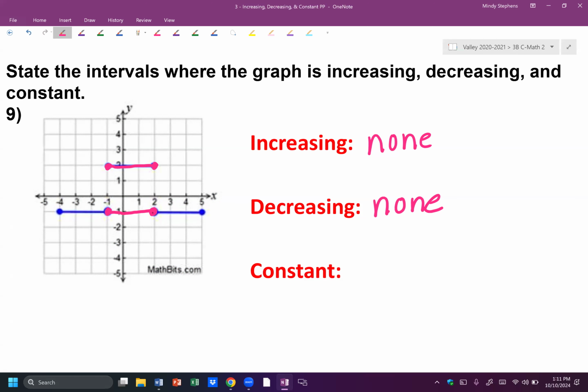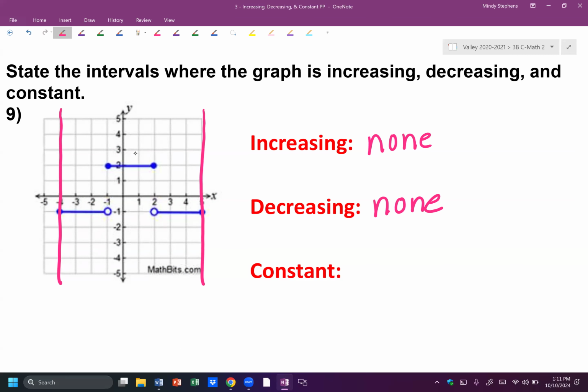So if that's the case, it starts being constant here and it stops being constant here because there are no gaps in it. Now, if this top line was not there at all, then I would have to have 2 parts to my answer because there's a constant piece, then there's a hole, then there's a constant piece. But if the constant pieces all get put together, if there's no hole, then you just do one answer.